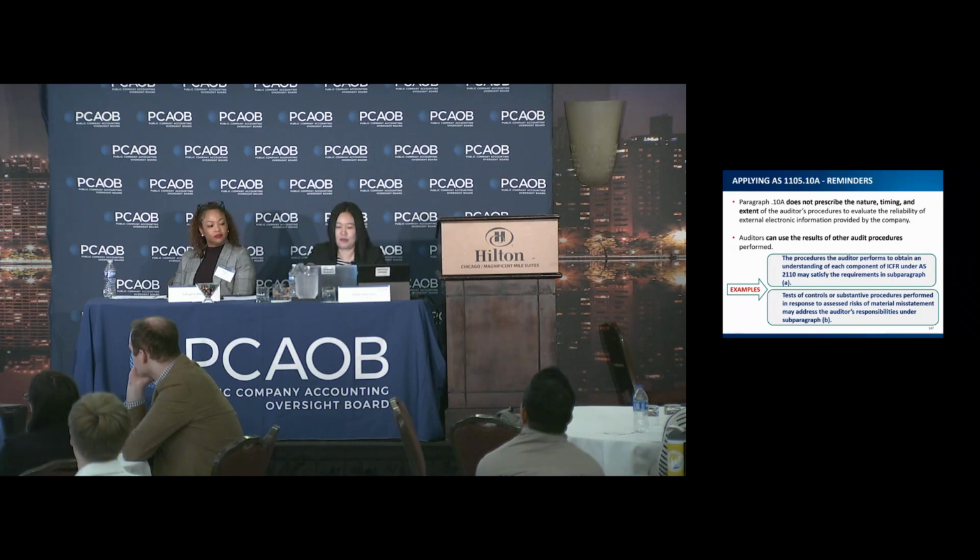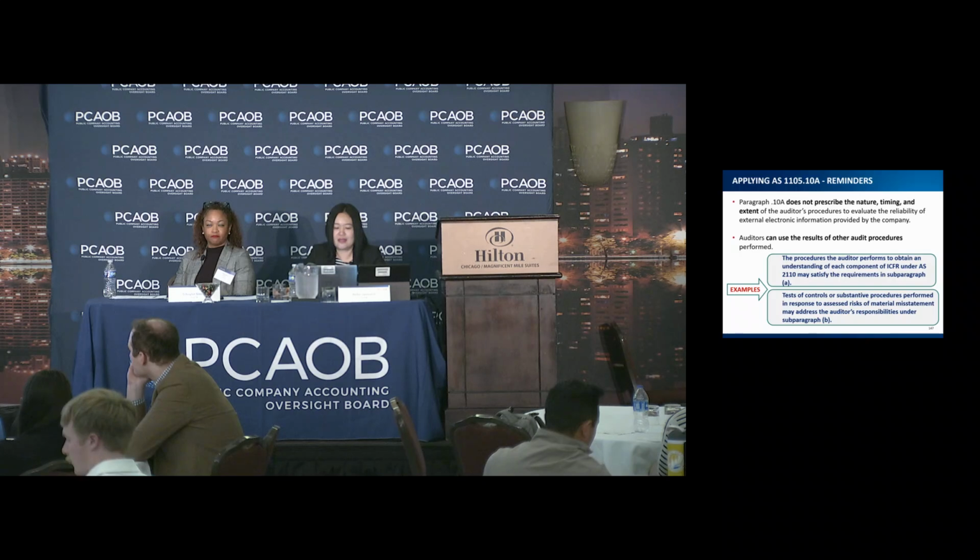The first one is that the procedures the auditors perform to obtain an understanding of each component of ICFR under AS 2110 may satisfy the requirement in subparagraph A. For example, if the external electronic information is an order submitted via EDI, as part of understanding the company's ICFR, the auditor may already have an understanding of how customer orders submitted to the company via EDI are received, processed, and maintained in the company's ERP system, satisfying the requirements of subparagraph A.